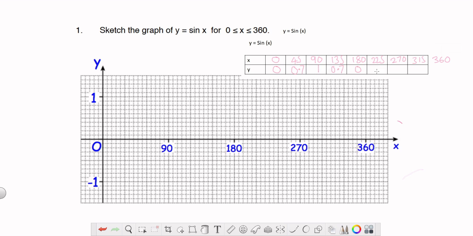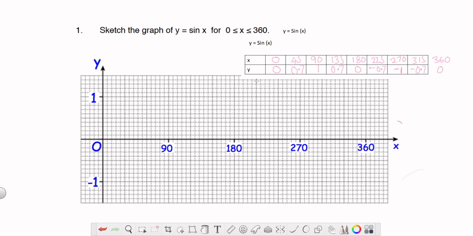Sine 225 gives minus 0.7. Sine 270 gives minus 1. Sine 315, any ideas? Yes, minus 0.7. And finally, sine 360 takes us back to 0.